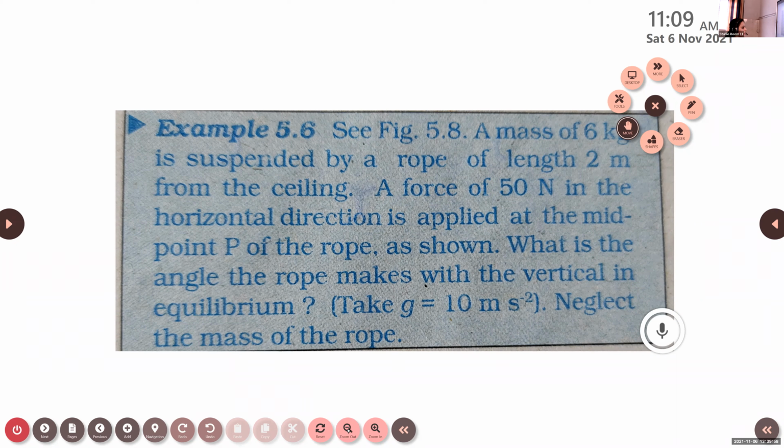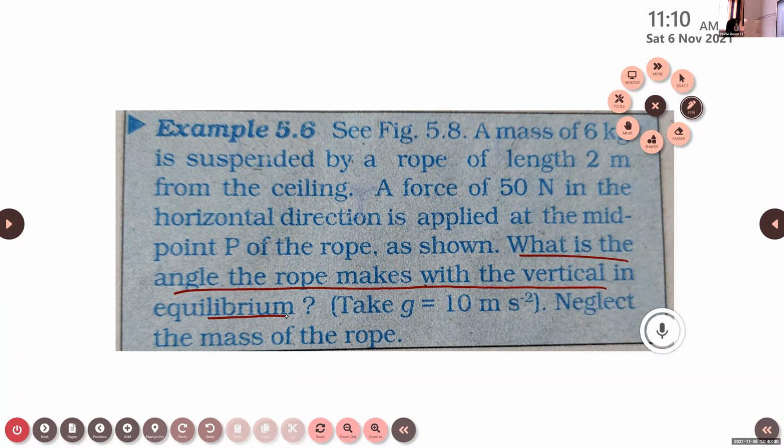The figure is given in your textbook. What is the angle the rope makes with the vertical in equilibrium? Here you can take the acceleration due to gravity g equal to 10 meter per second squared and neglect the mass of the rope. So this is the question, how can we solve it? Here we want to calculate the angle.